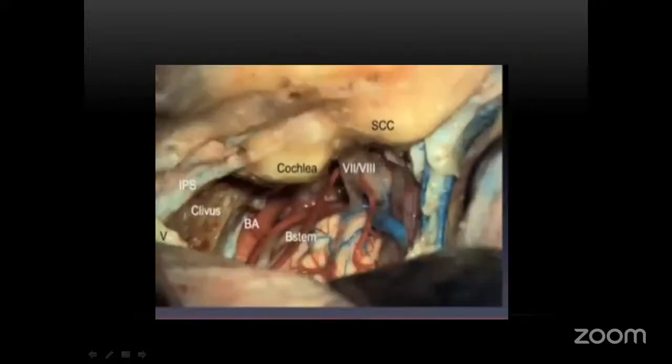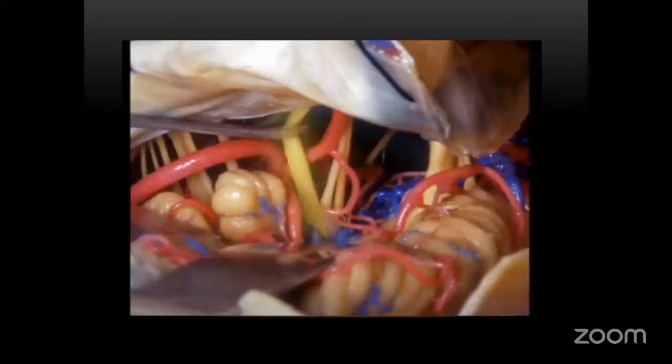So now this is a picture where first we were at the level of this area in the previous one, where we saw the 7th, 8th nerve and the upper portion of the pons. Now this is the area at the level of the medulla oblongata. Are you getting this one? Because we can see these nerves, the lower cranial nerves.